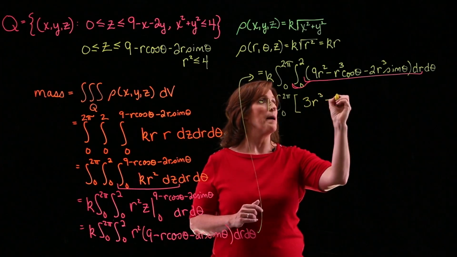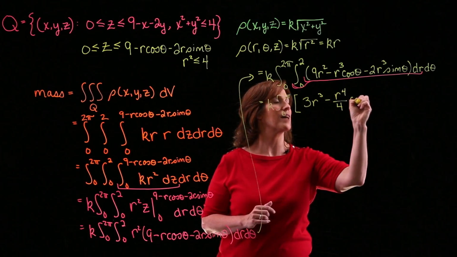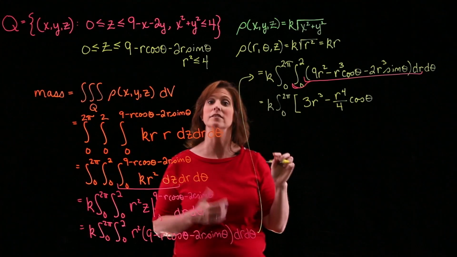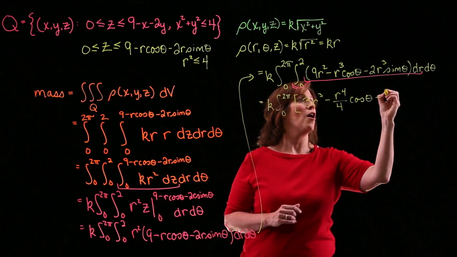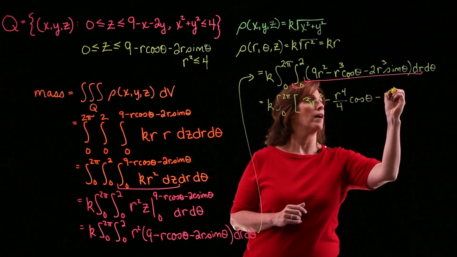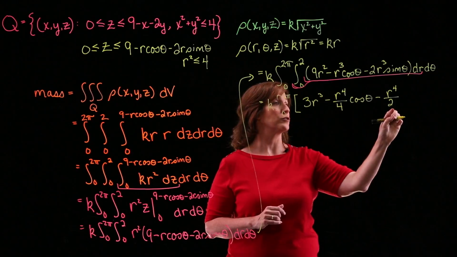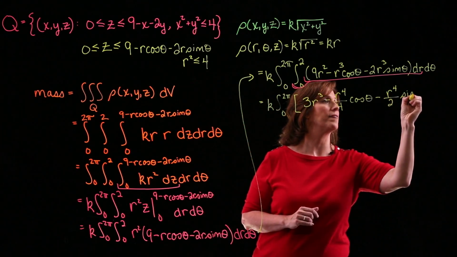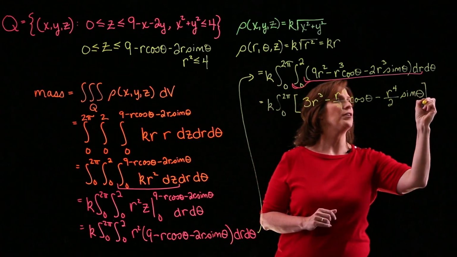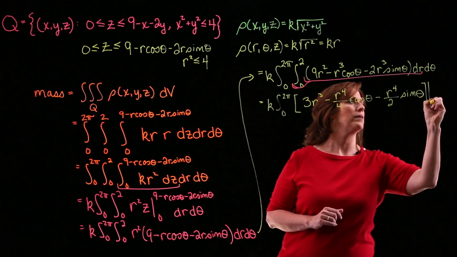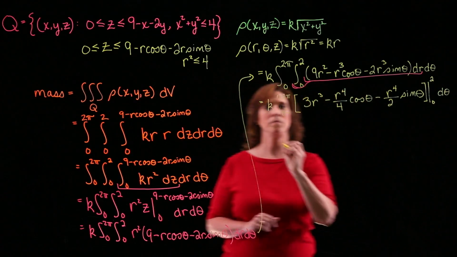This is going to be a minus r to the 4th all over 4 times the cosine of theta, because remember, theta is a constant, so is cosine theta. Then I'll have minus 2 r to the 4th all over 4, which is going to be minus r to the 4th all over 2 times the sine of theta. Again, theta is a constant, so is the sine of theta. And then I'll evaluate this from 0 to 2, and I still have my d theta.